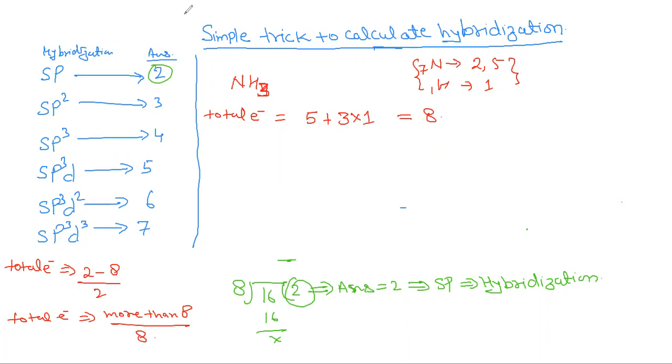Clear? Here the total number of electrons is 8, so 8 by 2 is 4. So 4 means SP3. This is SP3.